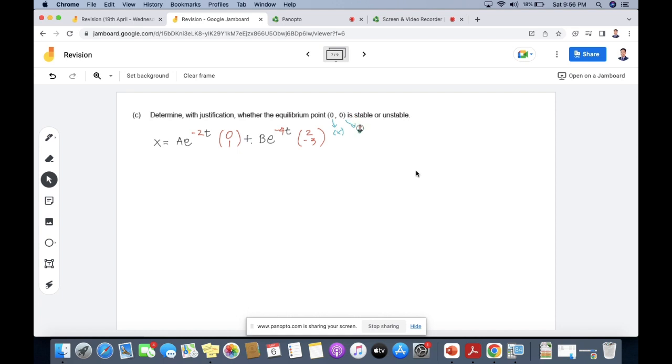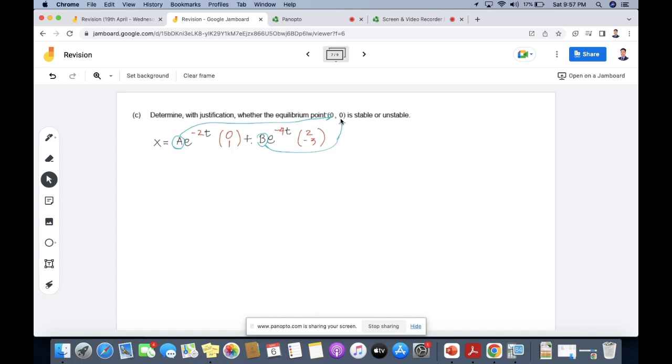If we do particular solutions, we can think of this A as the first one, and this B as the second one. When we solve for the particular solution, this A pertains to the first 0, which is the x, and this B pertains to this one, which is the y.